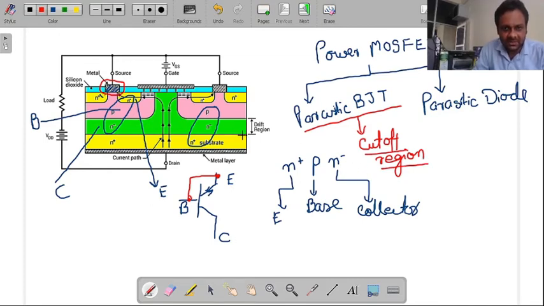On the other side, the parasitic diode which is formed here will be like this. Actually it is the structure of a power diode: P, N minus, N plus. So it will be like this.